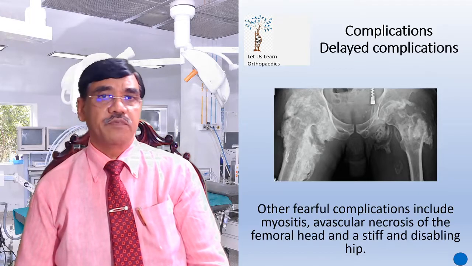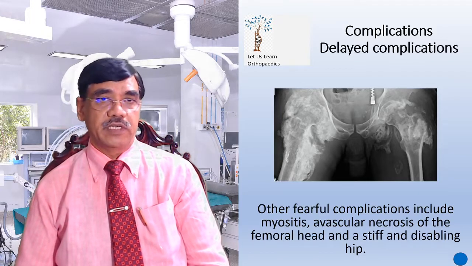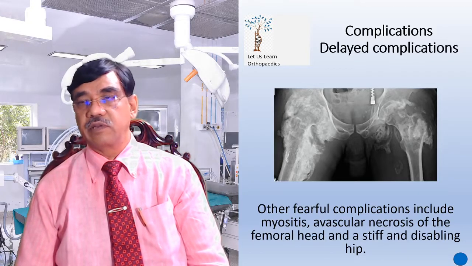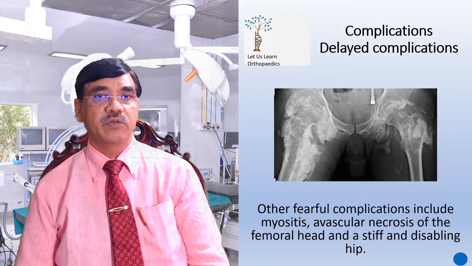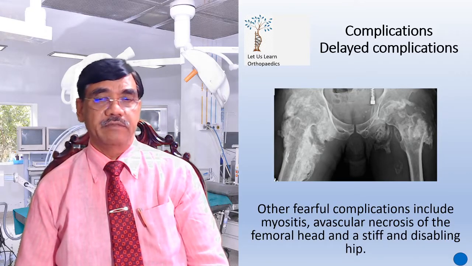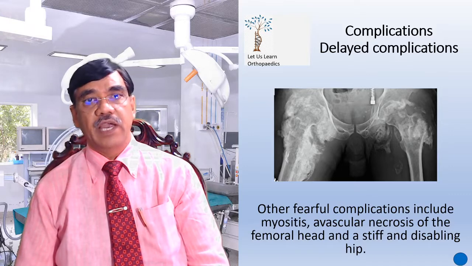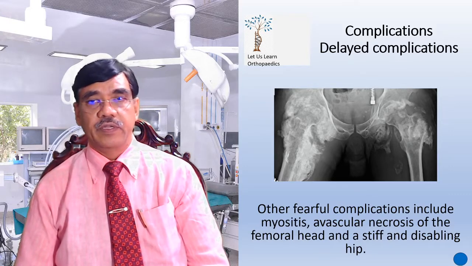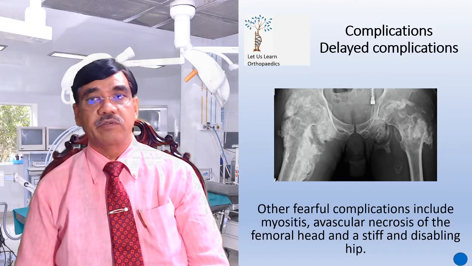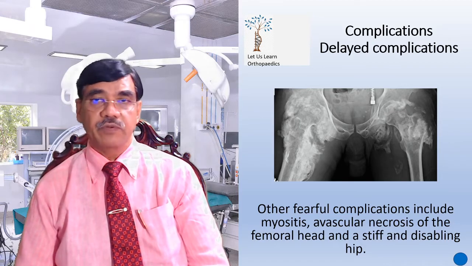Then the other fearful complications include myositis ossificans, as shown in this particular X-ray, avascular necrosis of the femoral head, and a stiff and disabling hip. With this we conclude our discussion on central hip dislocation.